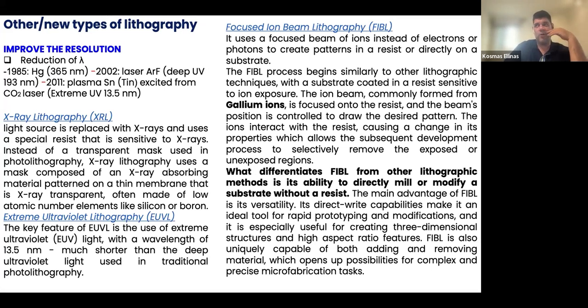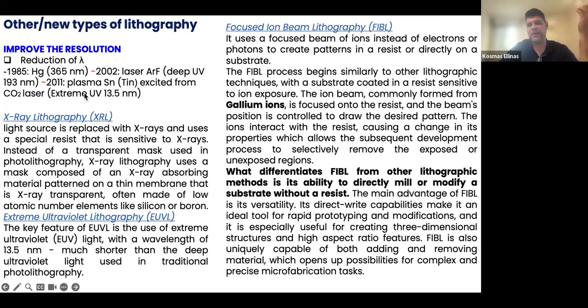So we have used almost any type of exposure in order to have smaller features that we can produce. A first easy to understand thing is that if we reduce the wavelength of the light, we can reduce the feature size we can create.